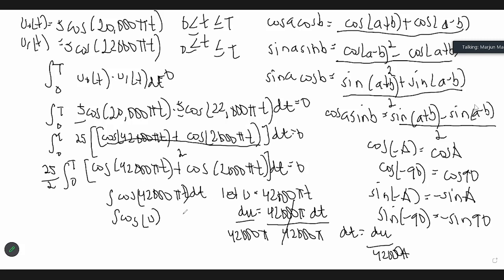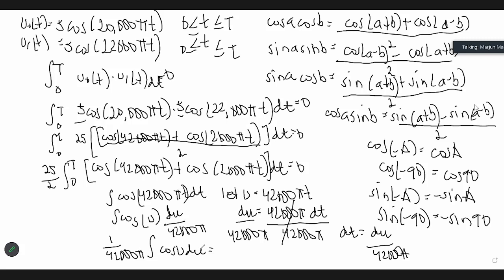Ang value po ng dt natin ay du over 42,000 pi. Again, when we're dealing with constant, we put them outside the integrating symbol. So this will be equal to 1 over 42,000 pi integral ng cosine u du.